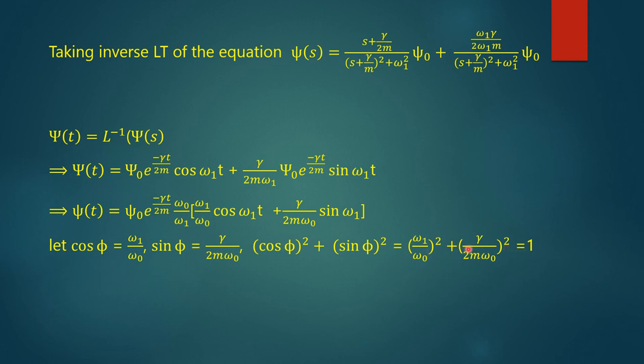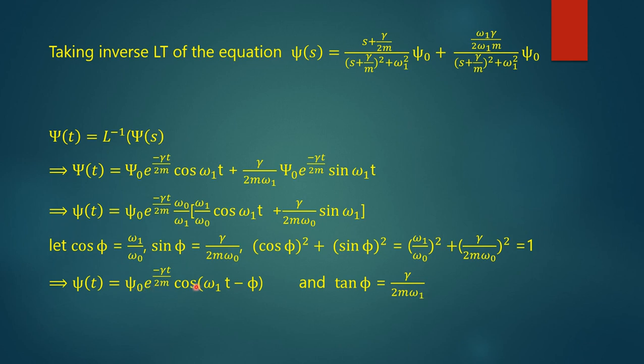If we add up and put the value of omega 1 square, then we find 1. Thus, after putting omega 1 by omega 0 as cos phi and gamma by twice m omega 0 as sin phi, this expression can be written as cos omega 1 t minus phi, and tan phi is equal to gamma by twice m omega 1.